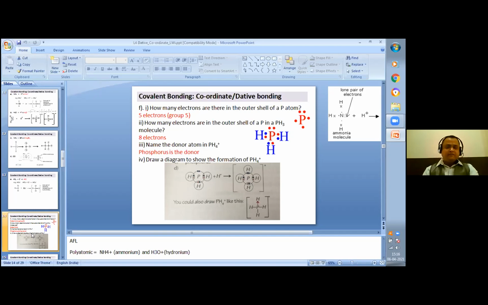After formation of the coordinate bond, they will form the PH4 plus ion. To denote which one is donor and which is acceptor, there should be an arrow pointing from phosphorus to hydrogen. That is given in the picture below the table, in the PH4 plus formation, with an arrow pointing from P to hydrogen. Okay. Any question?